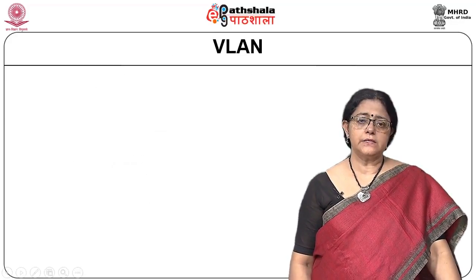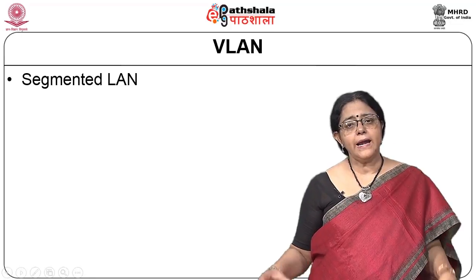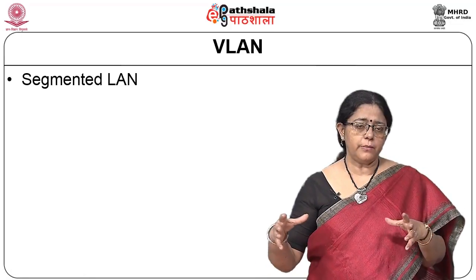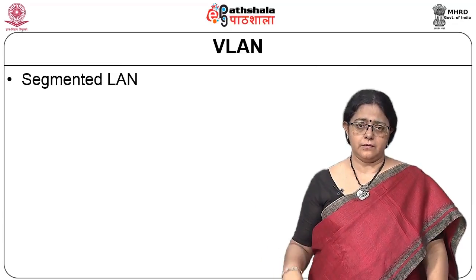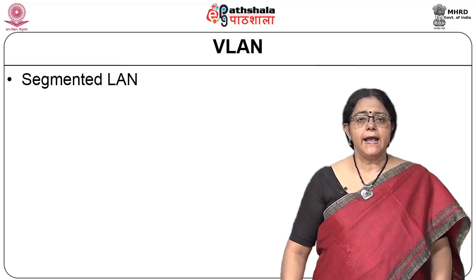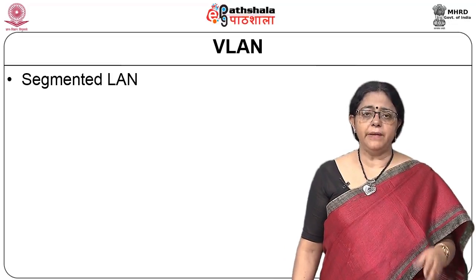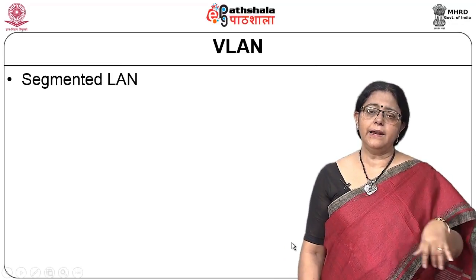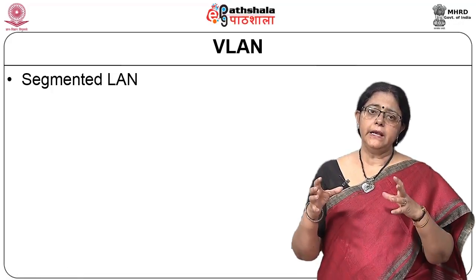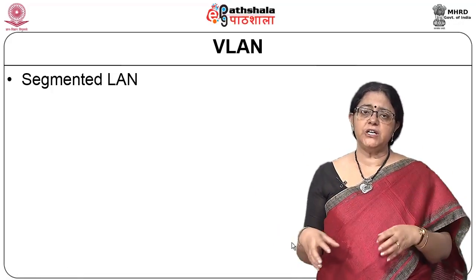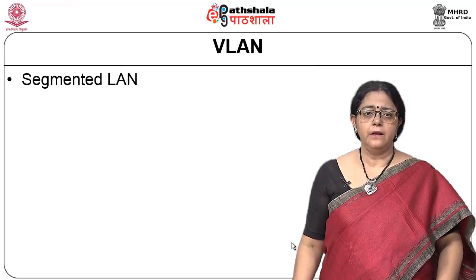The next one is called VLAN. Now, what happens in a cloud is that in a cluster there will be many physical machines, and all these will be connected on a LAN. So, every machine in that LAN will be dependent on the bandwidth of the LAN.